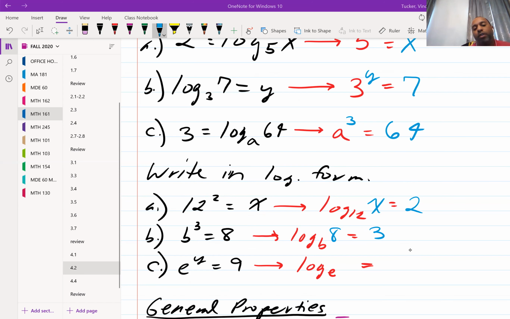And then we have e to the y equal to 9, that's log base e of 9 equal to y. All right, any questions?